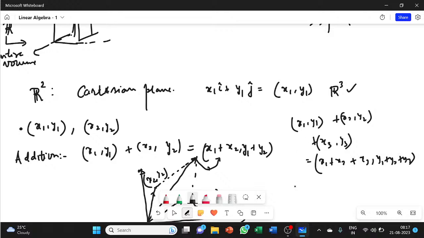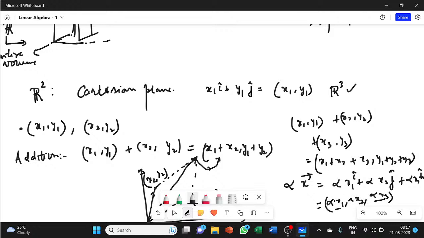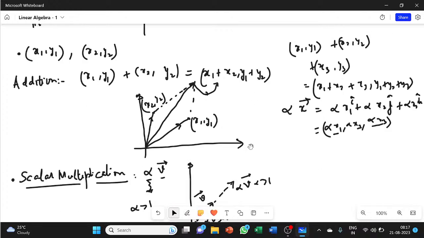And similarly, if I multiply a vector in three dimensions, it will be multiplied with each of its coordinates in the respective direction, so I can write this as alpha x1, alpha x2, alpha x3. So I can do a scalar multiplication in R cube also, that is, any vector in R cube would be a space vector here. Usually, space vectors are defined in three dimensions and plane vectors in two dimensions. I hope it is clear till now.